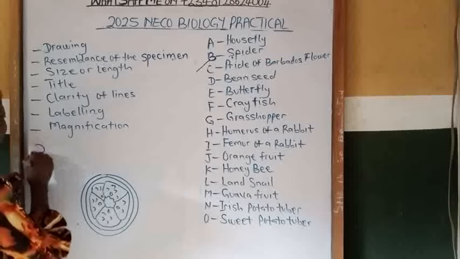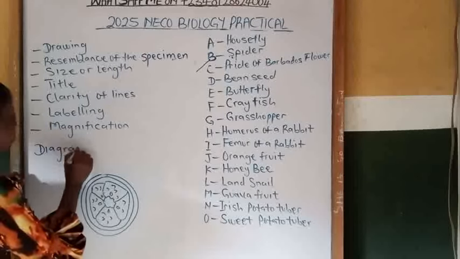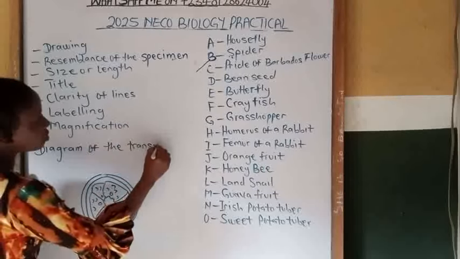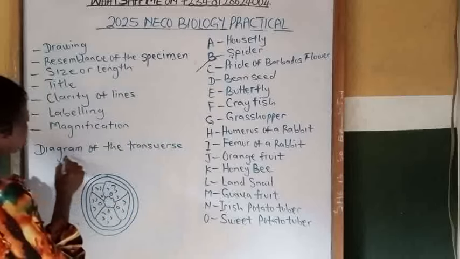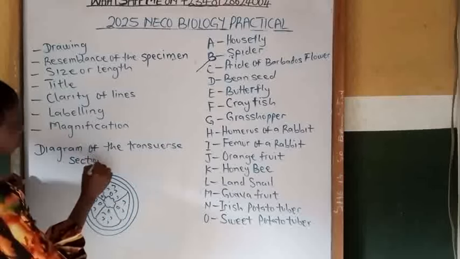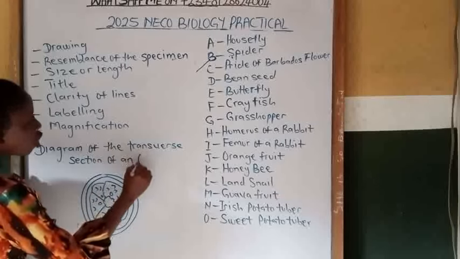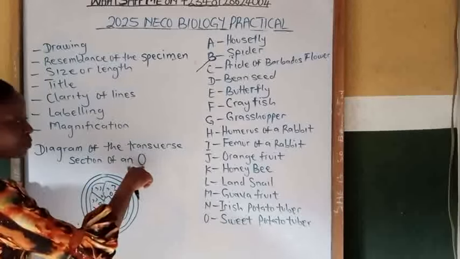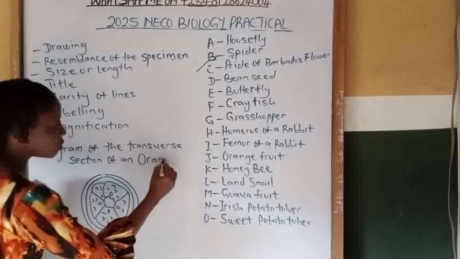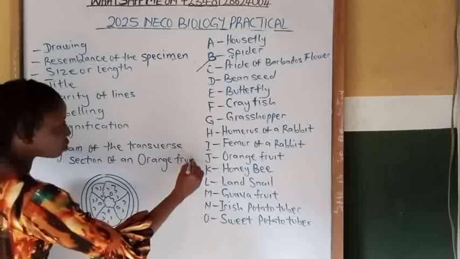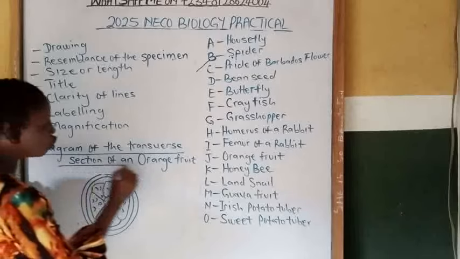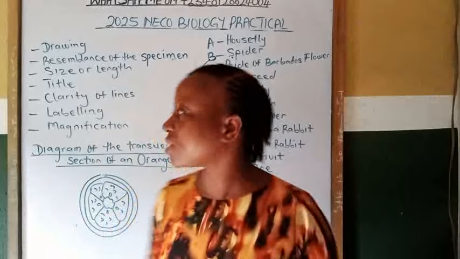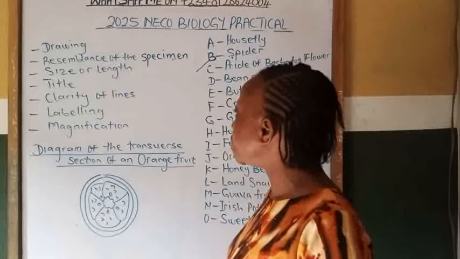You write diagram of the transfer section of an Orange fruit. That is, your specimen is orange, so that orange must start with capital letter. Then you underline it. But if you write it in capital letter throughout, you don't need to underline. So that is that about the title of the diagram.